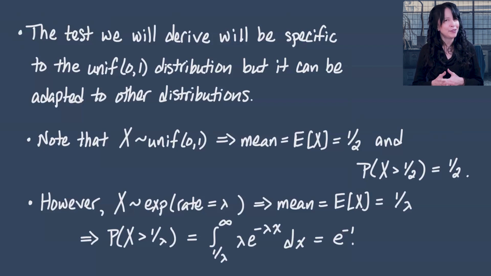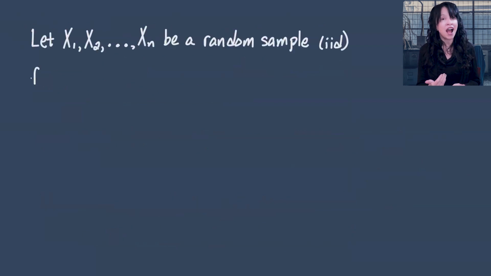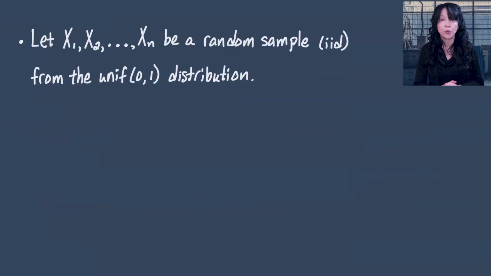So let's get specific. Let capital X1 through capital Xn be a random sample, or IID values, from the uniform 0, 1 distribution. I want to come up with an expression for the total number of above or below the mean runs, which we're calling Rn. And just like in the last video, I'm going to look at each value in my sample and figure out whether it's starting an above or below the mean run using indicators.